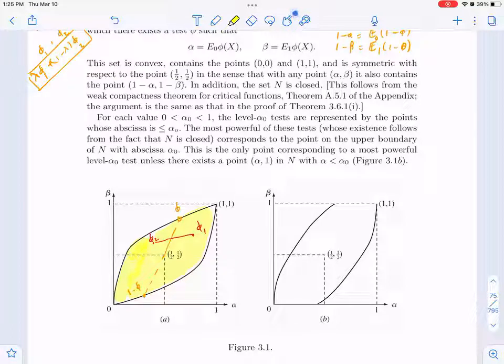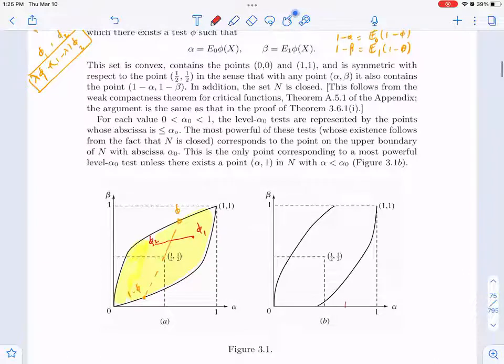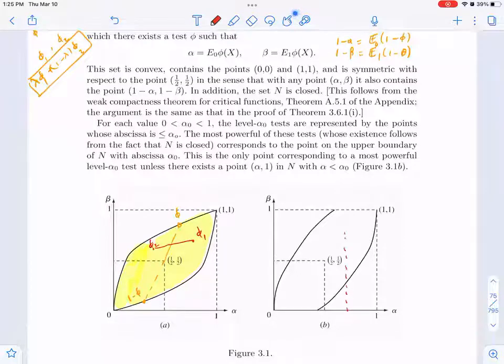So when you try to draw these ROCs, this is what they look like. And in some cases, it would look like this. This is the case where you might have many most powerful tests. So at this alpha, for example, anything here achieves power 1, and so they're most powerful.